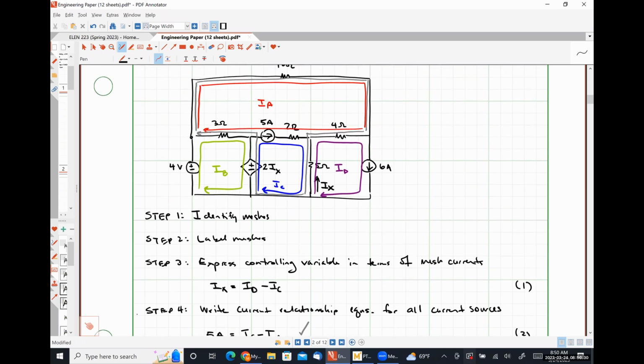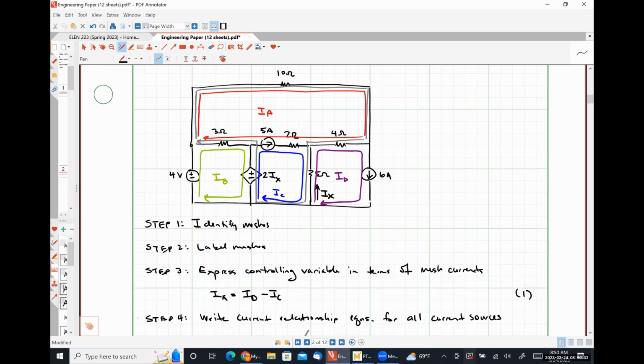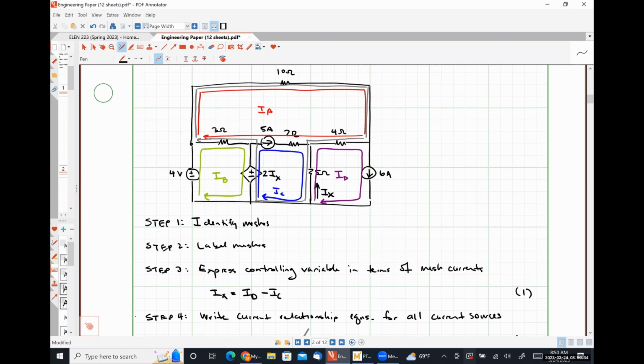I guess you could think about it that way. That's not particularly how I think about it. Like I said here, there's literally no Kirchhoff's voltage law path that we could take that includes mesh D as a whole and is able to avoid taking that voltage drop over the 6 amp current source.